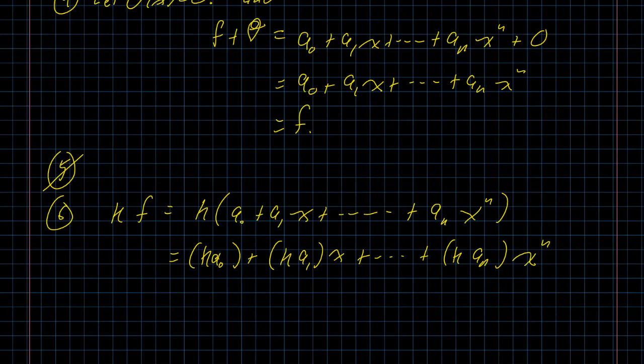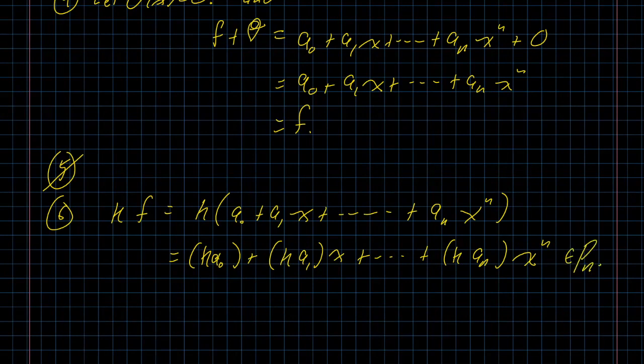And since the real numbers are closed on multiplication, k times a naught, k times a1, all the way down to k times an are in fact all real numbers. So that makes this a polynomial.